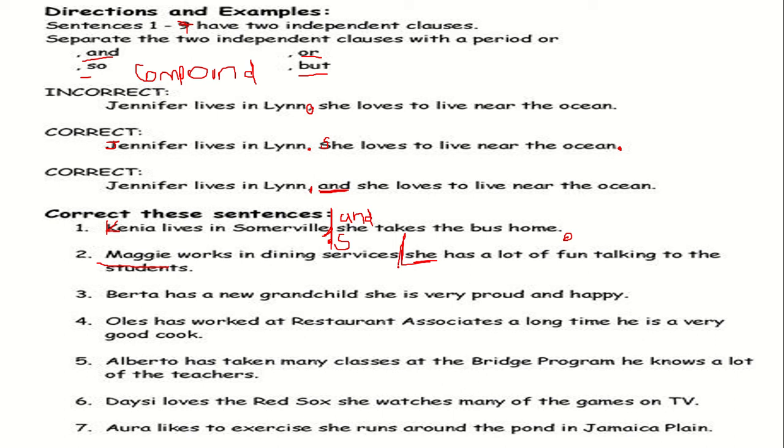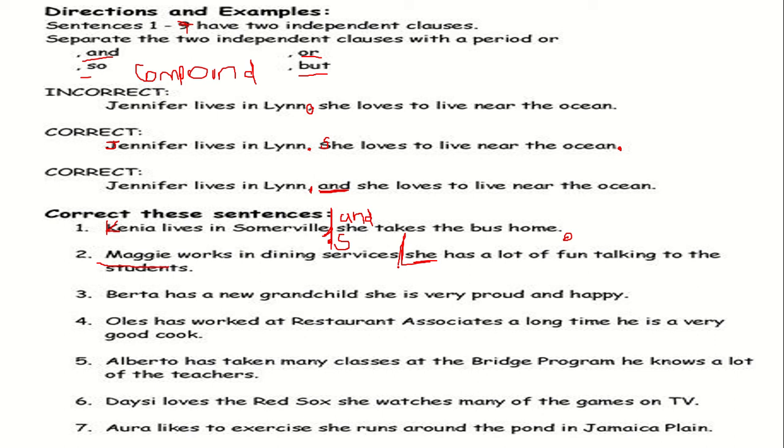So you should write Maggie works in dining services, period, capital letter, She has a lot of fun talking to the students. Or to write a compound, because you have to write the two ways to correct the sentence: Maggie works in dining services, comma, but she has a lot of fun talking to the students.